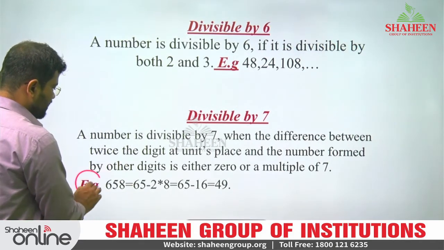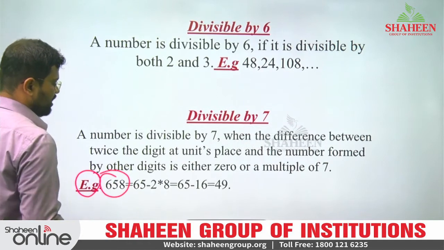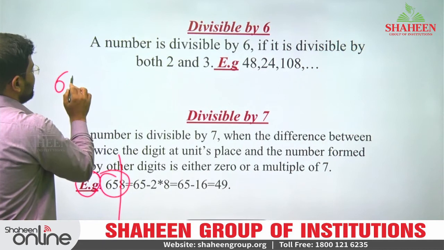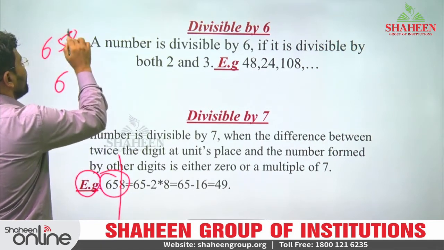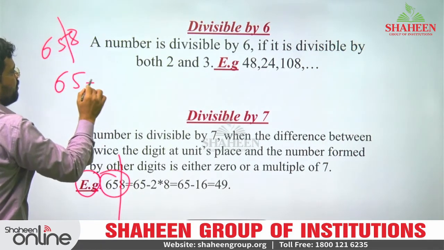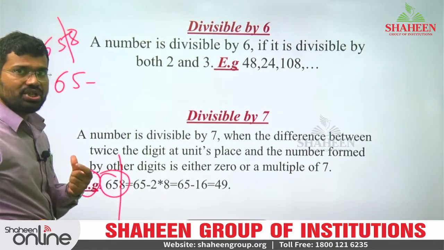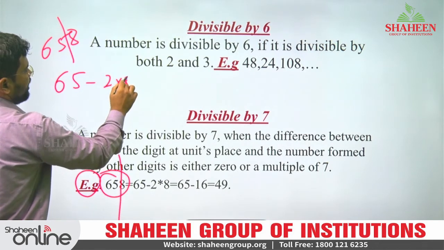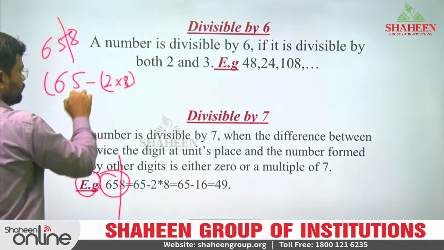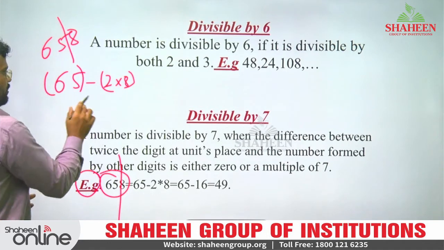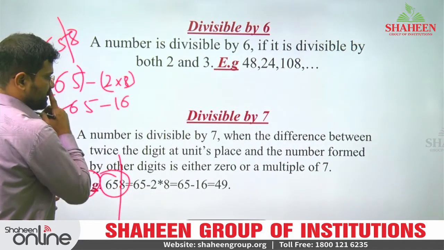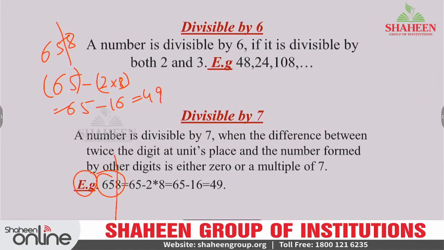Let us take one example, 658. Take 65, and subtract the last digit multiplied by 2. 2 into 8 is 16. 65 minus 16 is 49. Yes, 49 is divisible by 7.